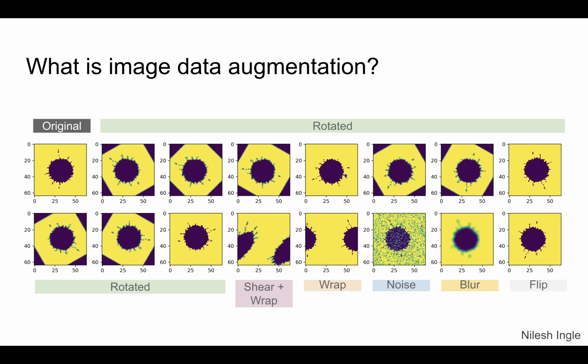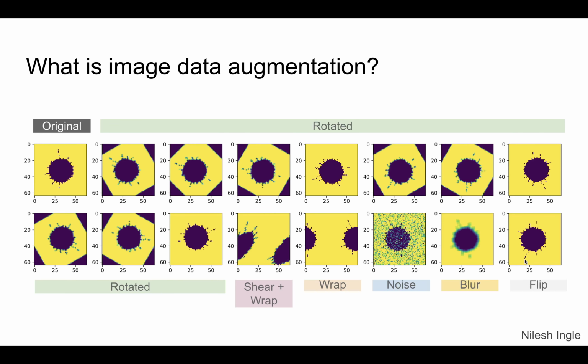These are rotated images, and here is the sheared image. Shear means a stretched image, plus it's a wrapped image, so half of the image is on this side and the other half is on the other side. This is just wrapped. This is an image with noise. I've added some noise, and that's why the image is pixelated. Then here we have a blurry image, and finally this is a flipped image.